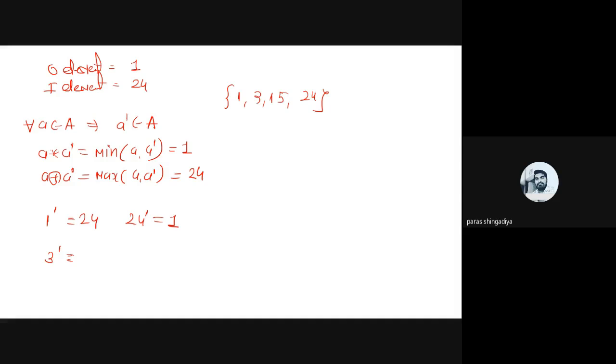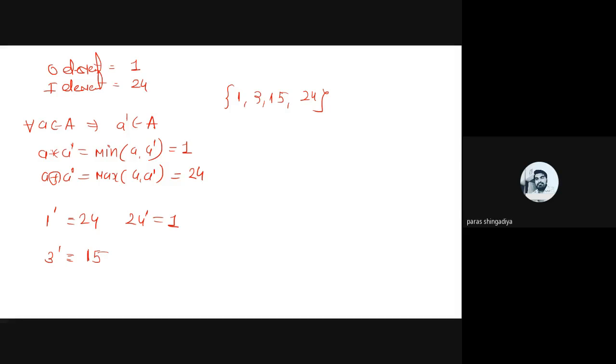Okay, can we find 3 dash? Someone replied that we cannot find 3 dash. Okay, why is it not possible? Because which choice is remaining? 15 is remaining, because 24 is already covered as 1 dash equal to 24. And now for 3 dash we cannot write 15.